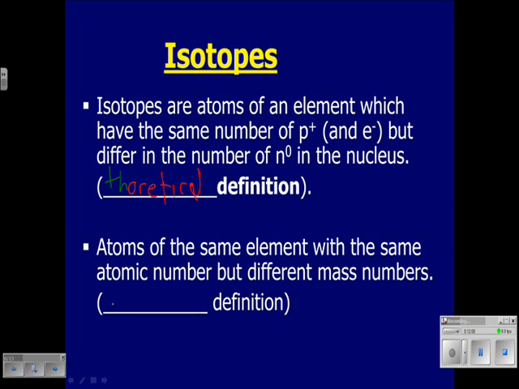And this one, it turns out that scientists can experimentally measure the atomic number and the mass numbers. I won't go into detail on it, but they can. So this is an empirical definition. All right, so same number of protons, different number of neutrons, same atomic number, different mass number.